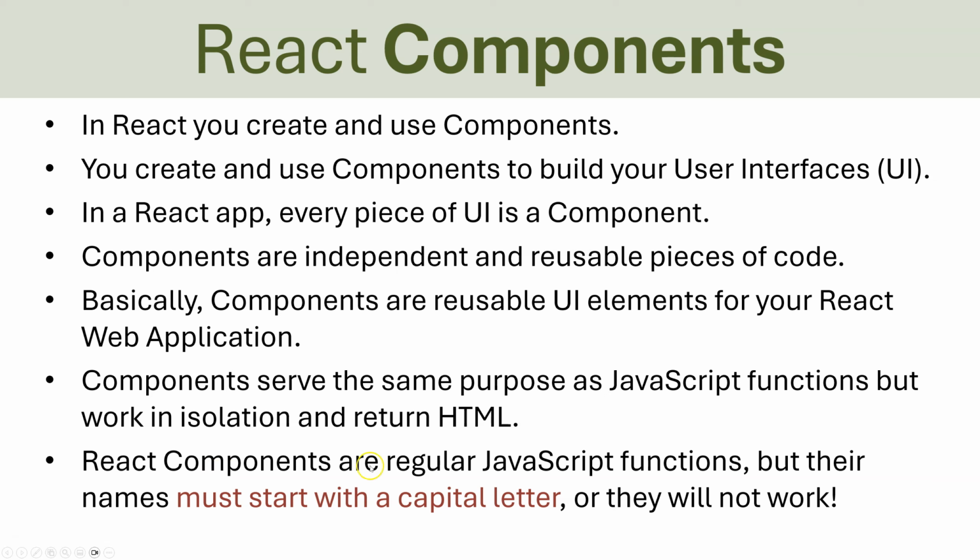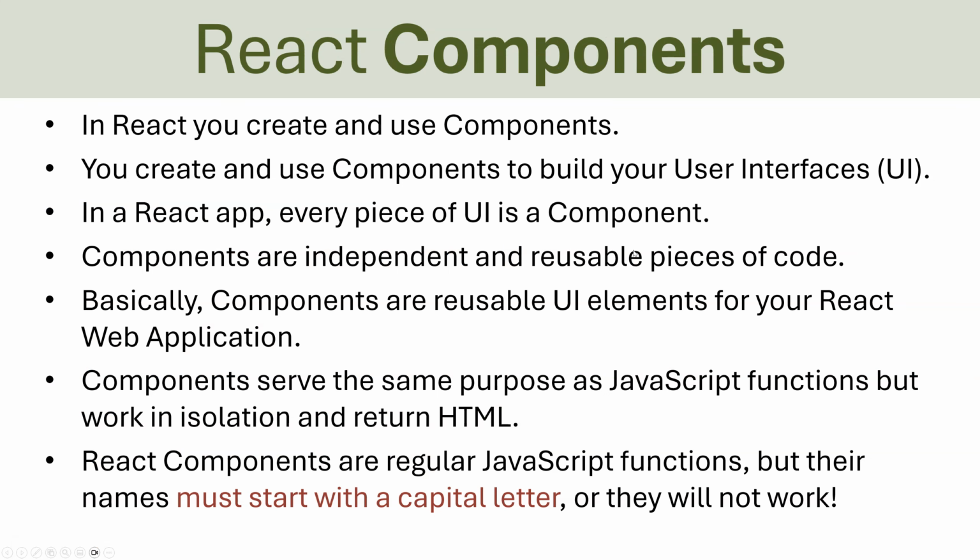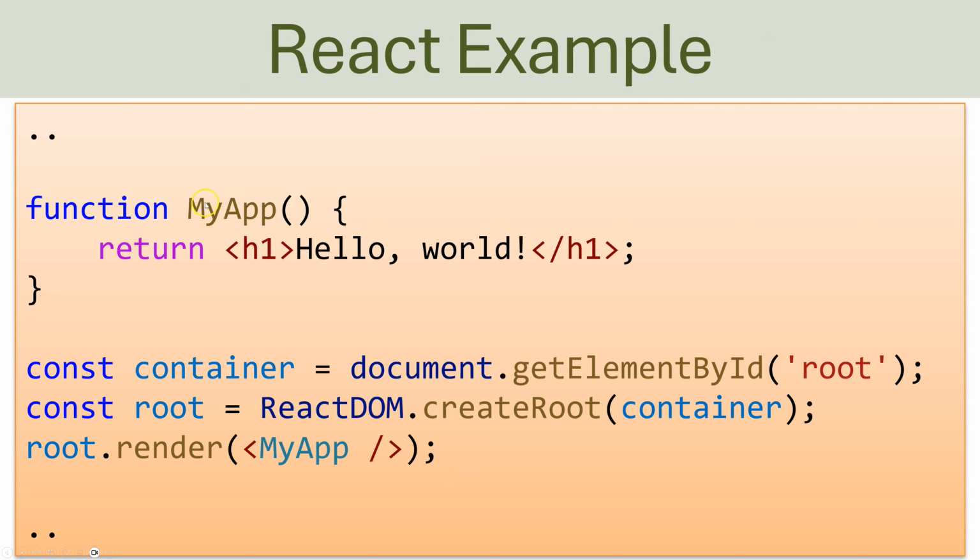And React components are regular JavaScript functions, so that's why we use a function to define the component, and then each component needs to return HTML code like this. One important thing, the React component must start with a capital letter, or if not, it will not work. So in this case, it has to be a capital letter here, my app in this case.